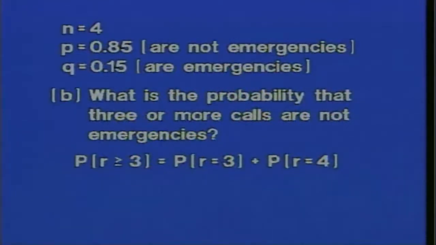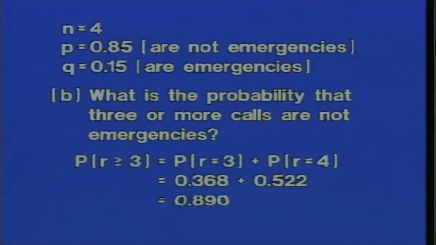And looking in the table for an n value of 4 and a probability of 0.85, we find an R value of 3 being 0.368 and an R value of 4 giving 0.522 for a sum of 0.89. So it's a rather high probability, you see, that 3 or more of the calls are not emergencies.